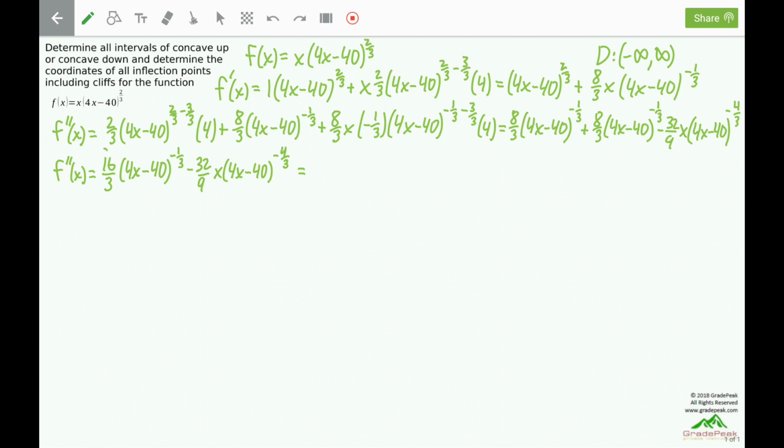For the coefficients, the numerators, we have a 16 and a 32. We can factor a 16 out. For the denominators, we have a 3 and a 9. We actually want to factor out the bigger denominator, which is a 9.